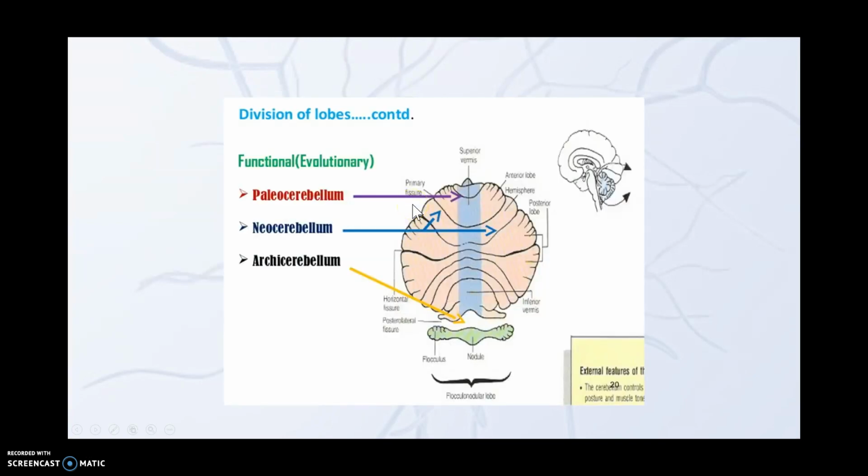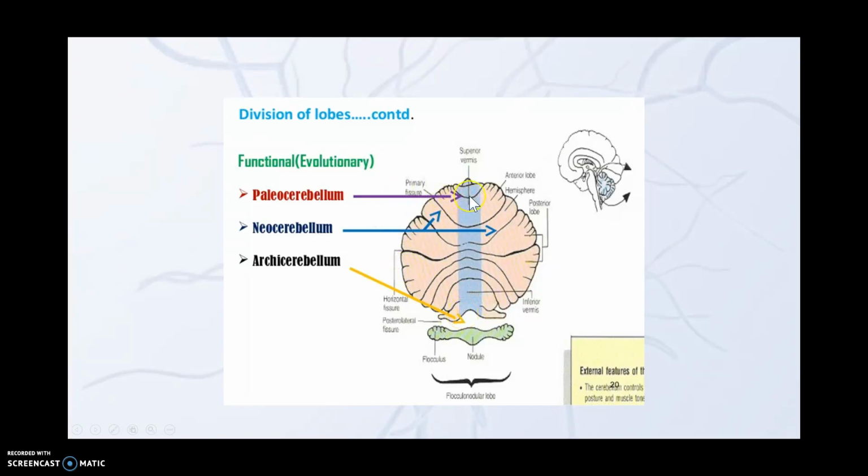Here we go. You want to take a look at this, a picture of the cerebellum. We have our paleocerebellum up here, and we have our neocerebellum, and then back here we have our archaeocerebellum. And again, our archaeocerebellum is the one that does major control of upright posture, coordinates hand and eye movement together, related closely to our vestibular system.